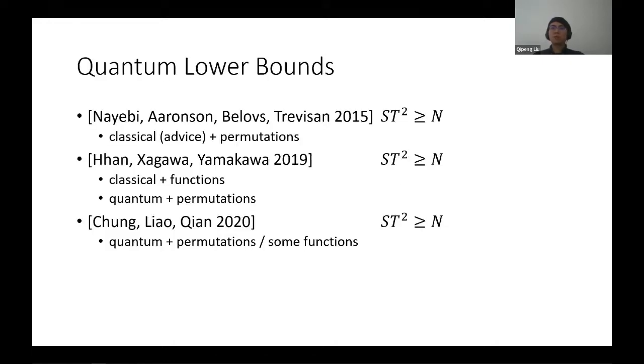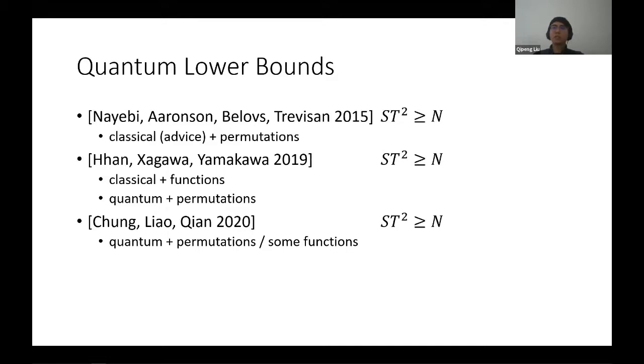This problem was first proposed by Nayebi, Aaronson, Belovs, and Trevisan in 2015. They proved the lower bound st squared greater than n for classical advice and permutations. Later in 2019, Hhan, Xagawa, and Yamakawa showed that the same lower bound holds for classical advice with functions or quantum advice with permutations.